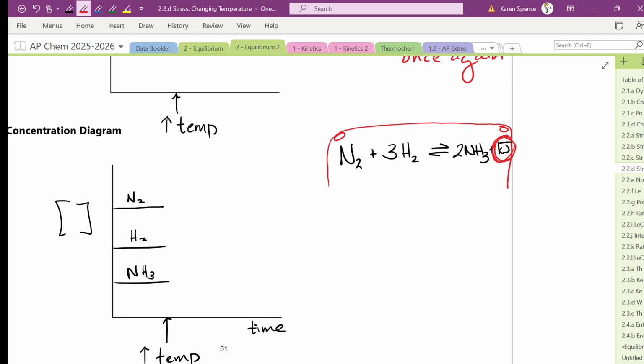If we increase temperature, we are increasing the kinetic energy. So I'm pushing up on this side, which means which direction is the top part of the chain going to go? If this part goes up, then the top part is going to go to the left.